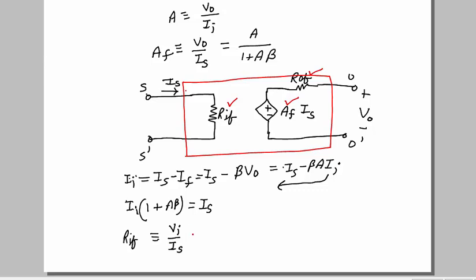And IS we can write from here, so it is VI divided by II(1 + Aβ). Here we are getting VI by II, and we know that VI by II is nothing but RI.